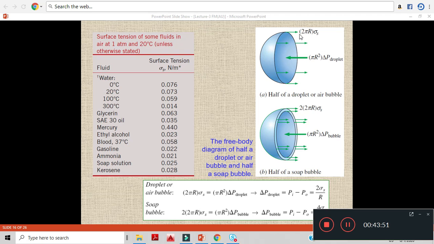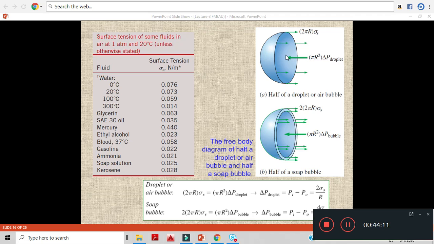So this force on the surface is equal to 2 pi r into sigma s, which is balanced with delta P, the pressure inside the water droplet, multiplied by the area, because pressure is equal to force per unit area.